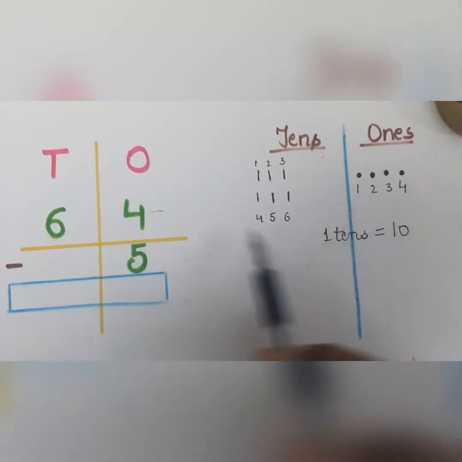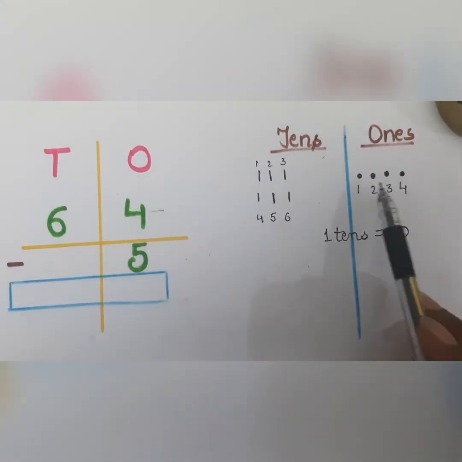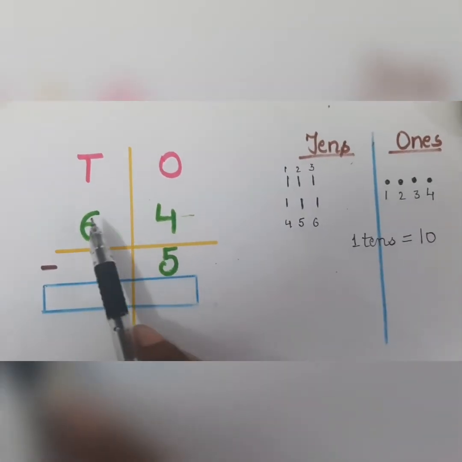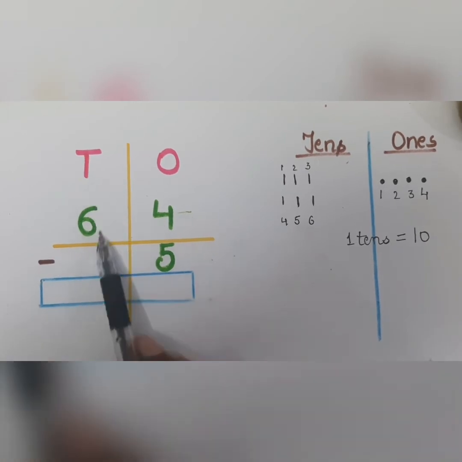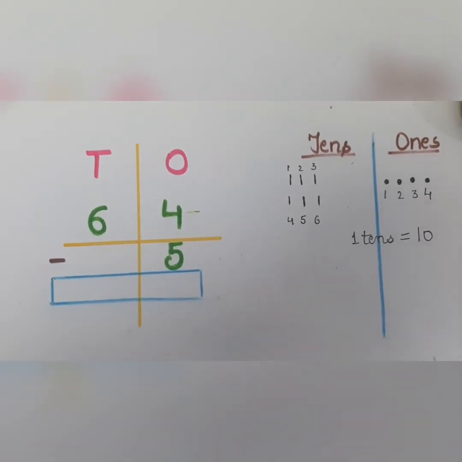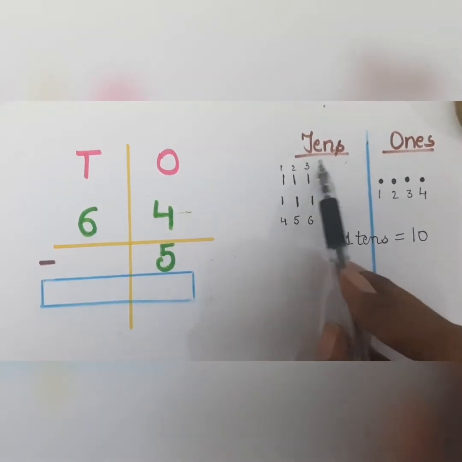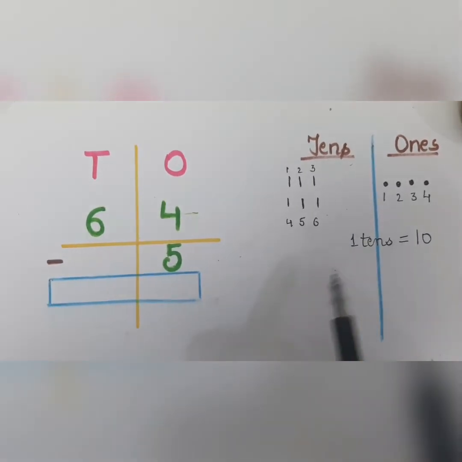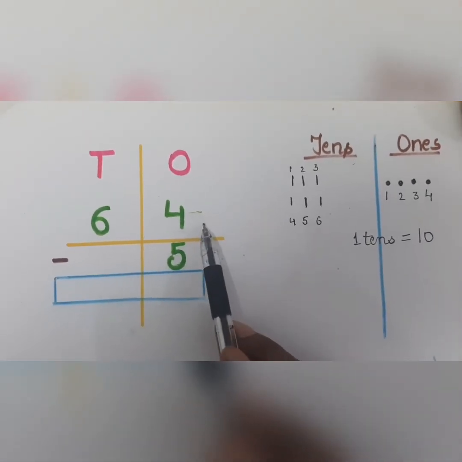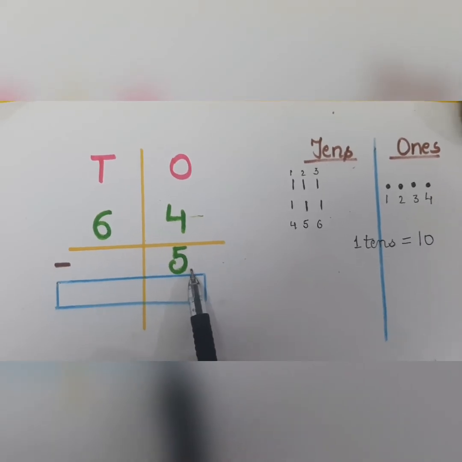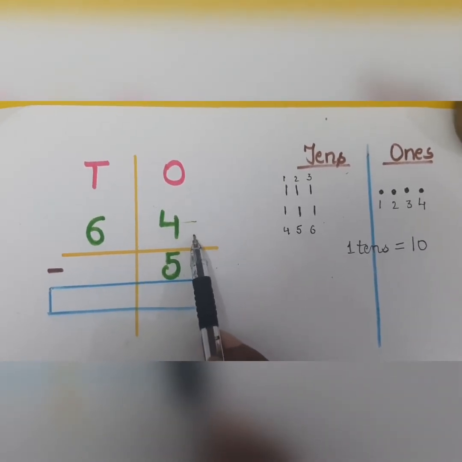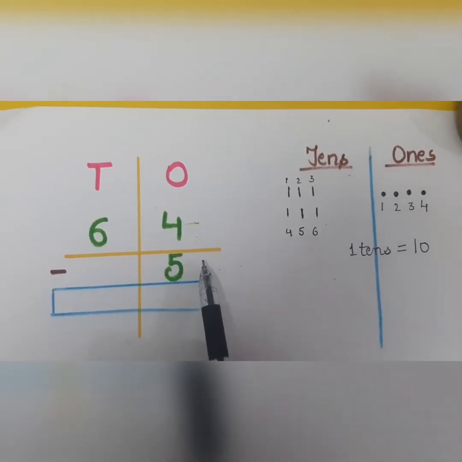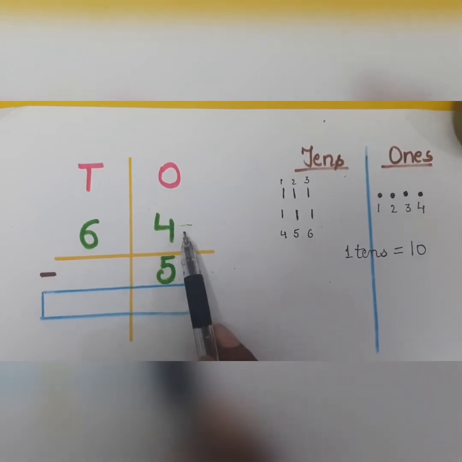Here I have put 4 dots in the ones column, and at tens place we have 6, so I have drawn 6 lines in the tens column: 1, 2, 3, 4, 5, 6. Now we have to subtract 5 from 4, but 5 is the bigger number and 4 is the smaller number, and we know that we cannot subtract a bigger number from a smaller number.